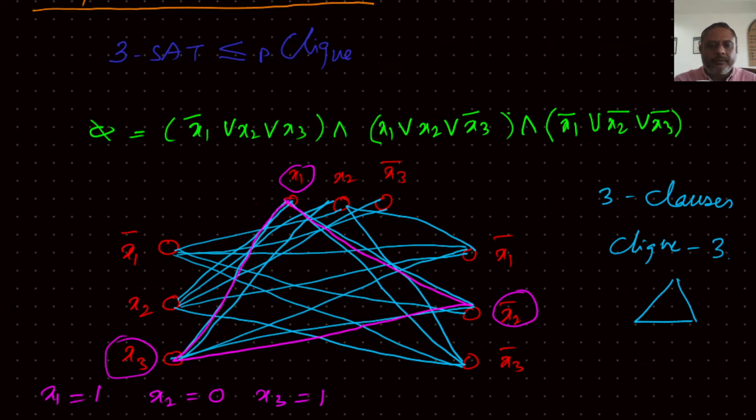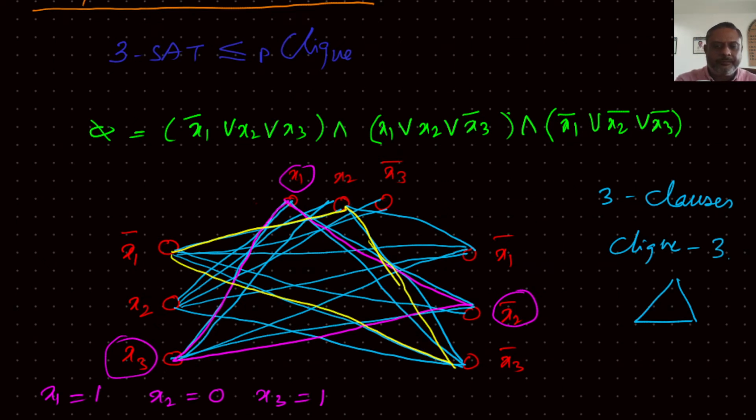From x1 bar you can go to x2, x2 to x3 bar, and back. Yes, that's another possibility: x1 bar to x2, x2 to x3 bar, x3 bar to x1 bar.